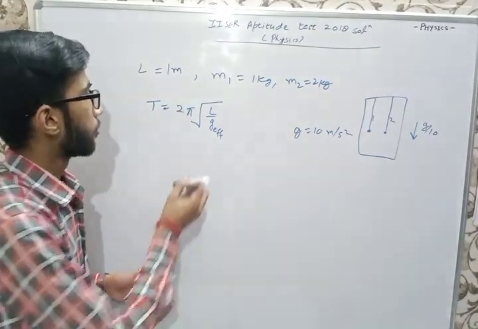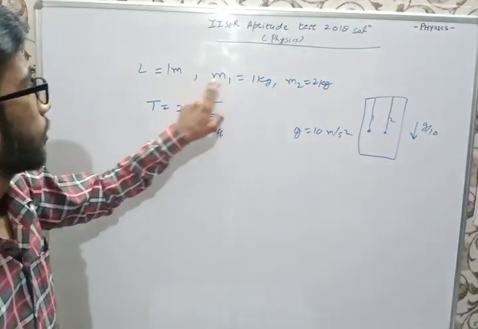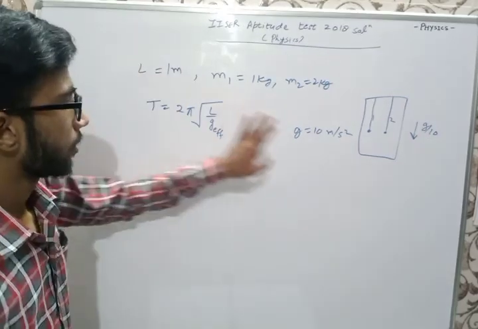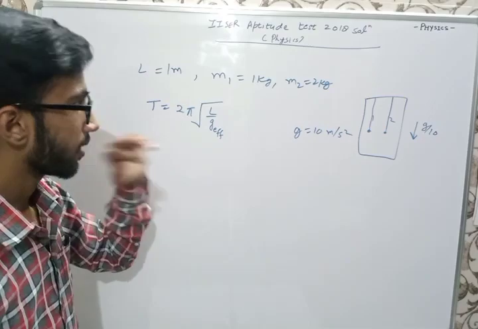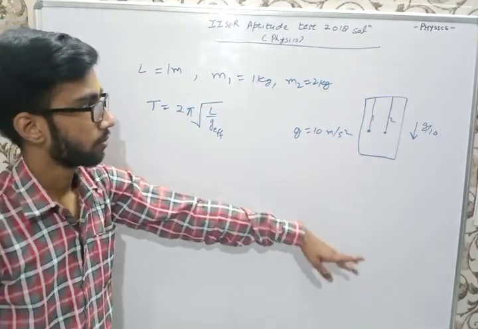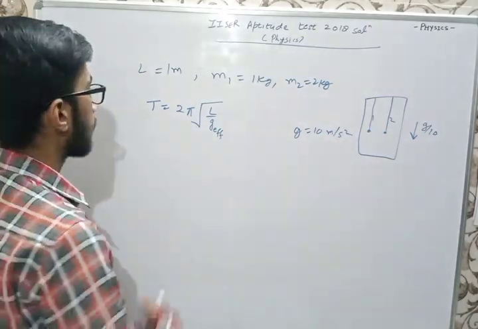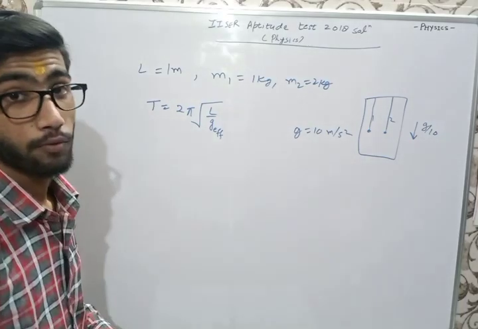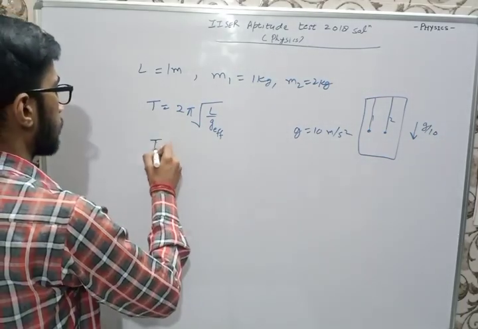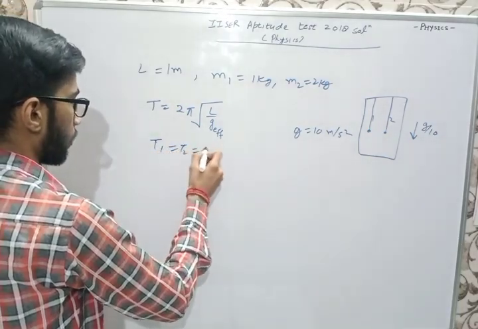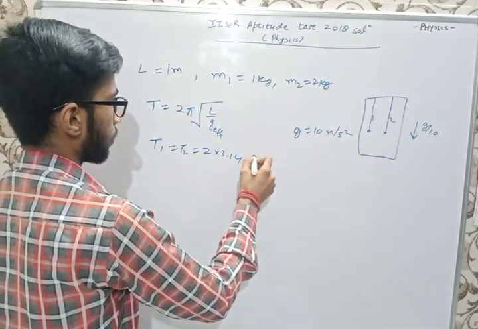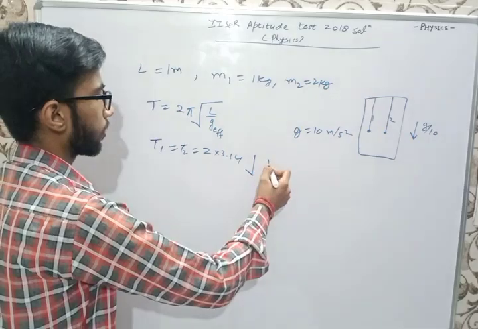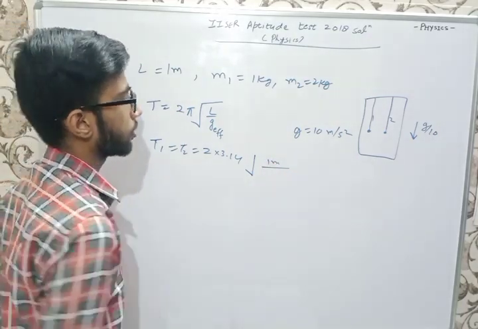Both pendula have the same length and the same acceleration, so the time period of both will be the same. So T1 equal to T2 equal to 2 into 3.14 into under root L, L is 1 meter, and g effective.